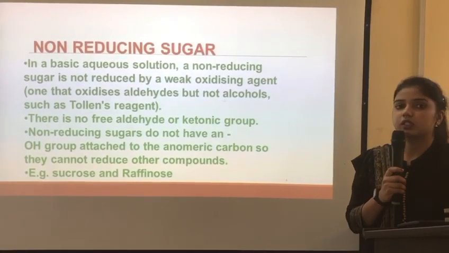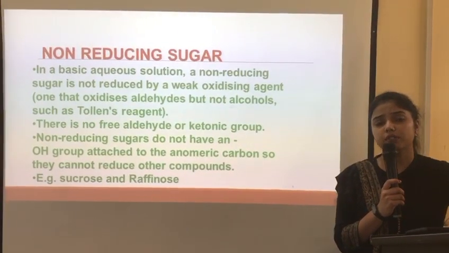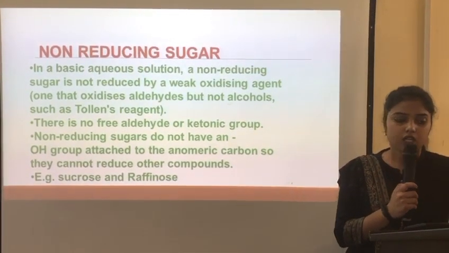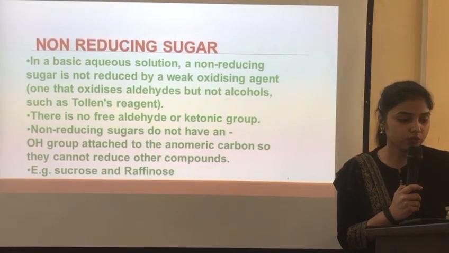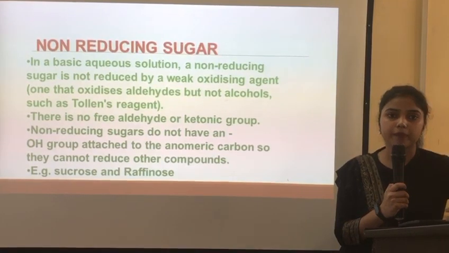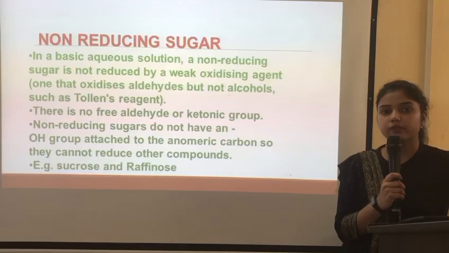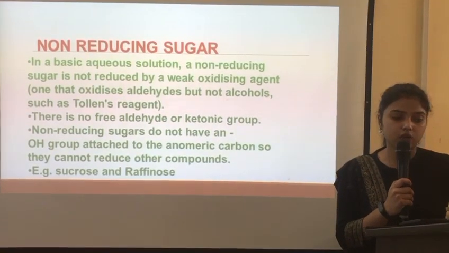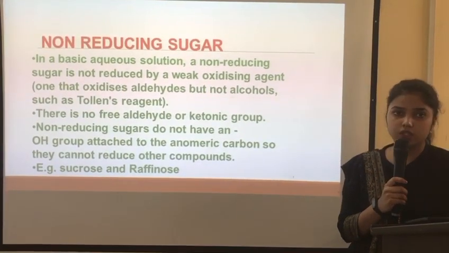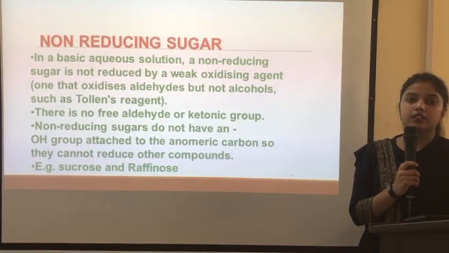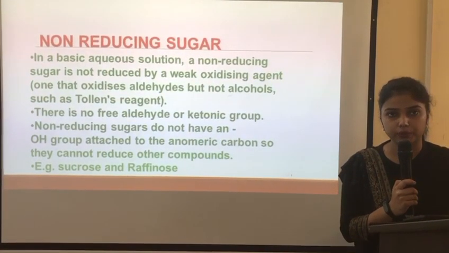Next topic is non-reducing sugar. Non-reducing sugar is the opposite of reducing sugar. In basic solution, non-reducing sugar is not reduced by Tollens' reagent and Fehling's solution. Tollens' reagent and Fehling's solution are weak oxidizing agents. Next, there is no free aldehyde and ketonic group.